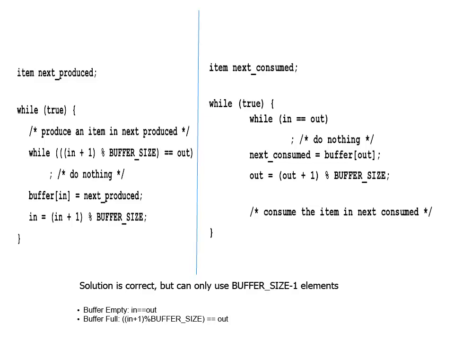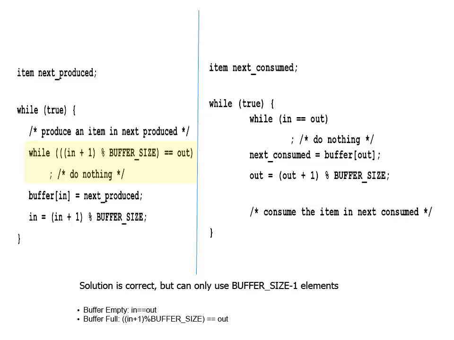Then it keeps looping in the outer while loop, and we execute the inner while loop: in plus 1 is 10, modulo buffer size, which is 10, so this becomes 0. And suppose out is 0 too. That means the consumer doesn't consume anything, and so this becomes true.